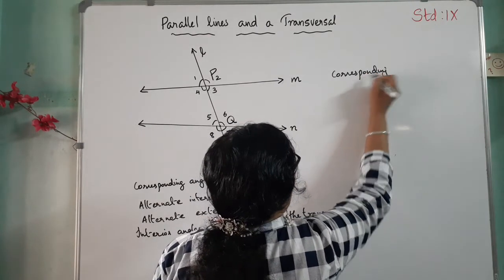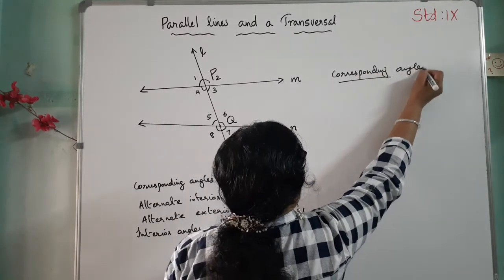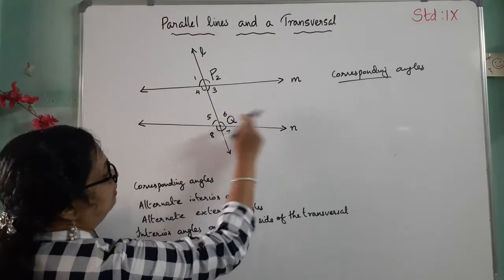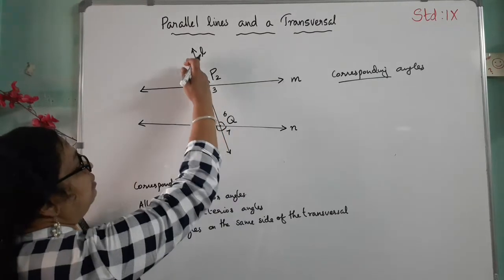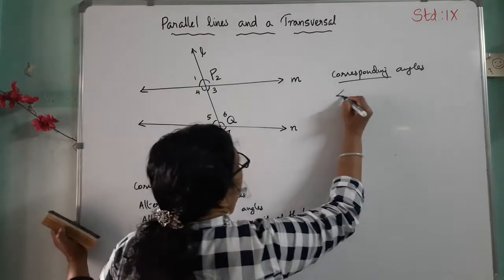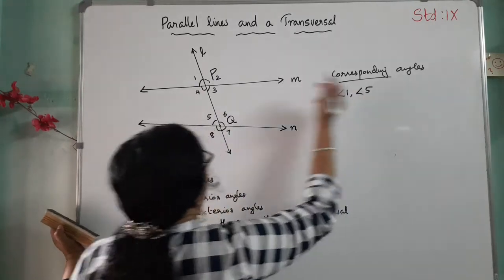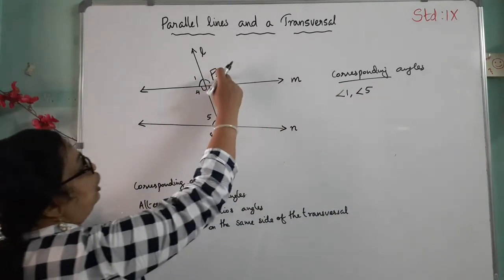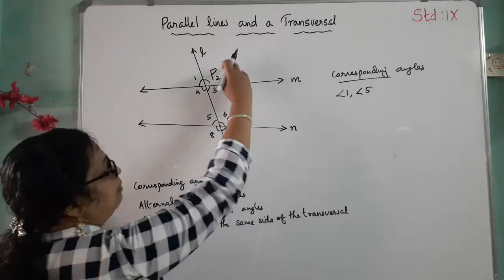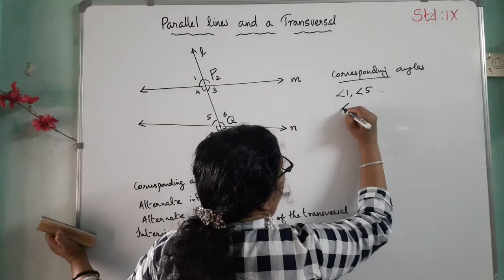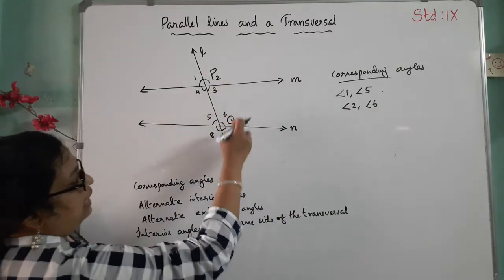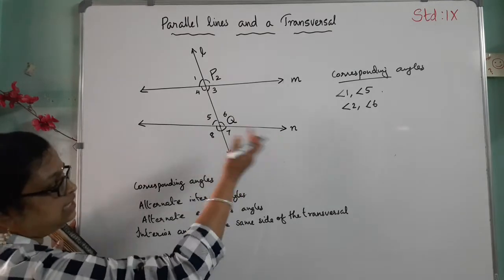Corresponding angles, that is 1 and 5. 1 is above the line M and 5 is above the line N, and 1 and 5 are on the left side of the transversal. So angle 1 and angle 5 are corresponding angles. Then 2 and 6. 2 and 6 are on the right side of the transversal and above the lines. And 3 and 7. 3 is below the line, 7 is below the line, and both are on the right side of the transversal.